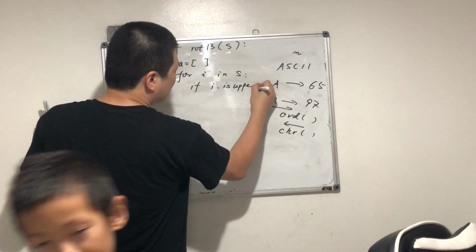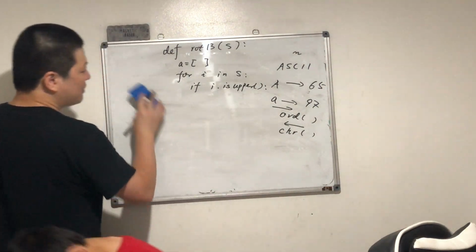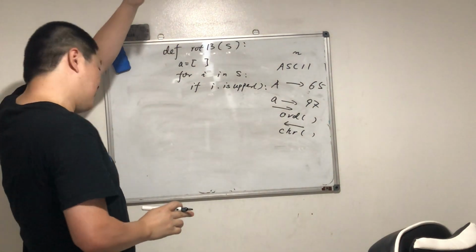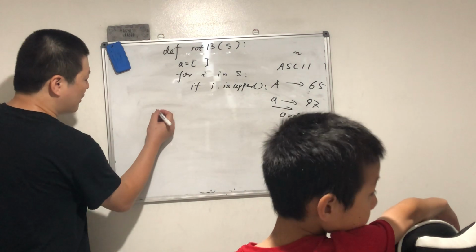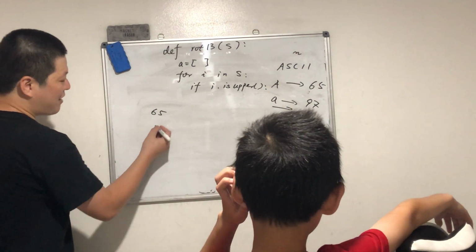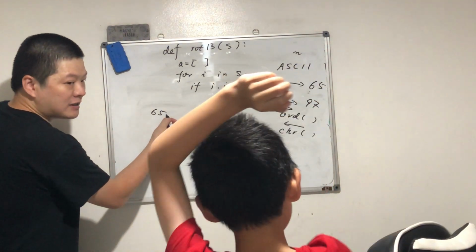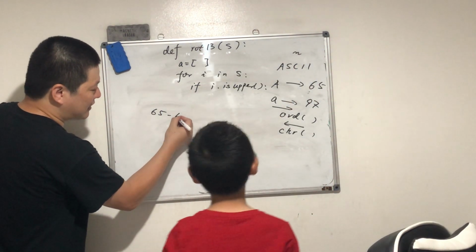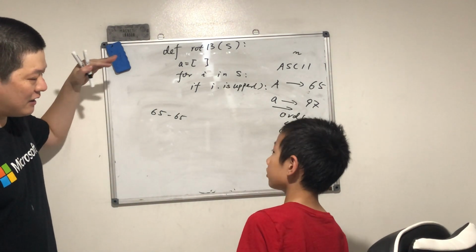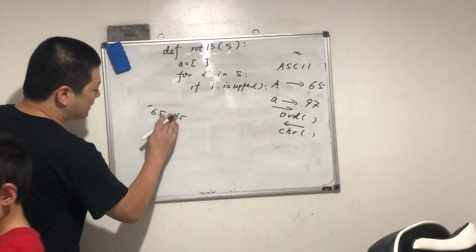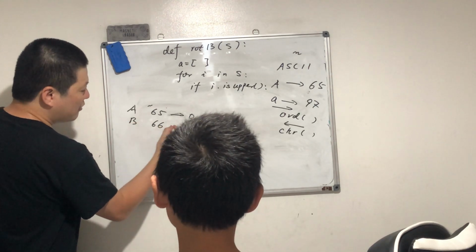So if i.isupper(), if it's uppercase, then what should we do? First of all, we get the character code, 65. We need to find out its position by subtracting 65. Which alphabet letter is it? 65 we map to 0, 66 is B, we map to 1.